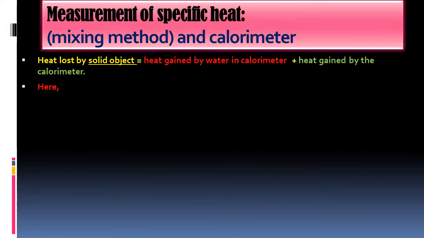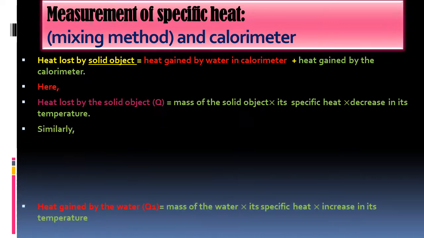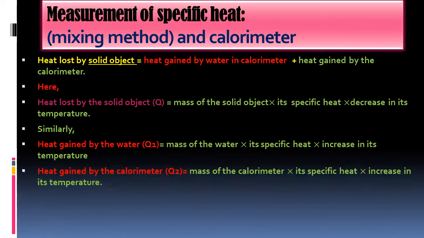The heat lost by the solid object, Q, is equal to the mass of the solid object, m, multiplied by its specific heat, C, multiplied by the decrease in its temperature, delta T. Similarly, heat gained by the water in the calorimeter, Q1, is equal to the mass of the water, m, into its specific heat, C, multiplied by the increase in its temperature, delta T. And similarly, heat absorbed by the calorimeter, Q2, is equal to the mass of the calorimeter multiplied by its specific heat multiplied by the increase in its temperature.